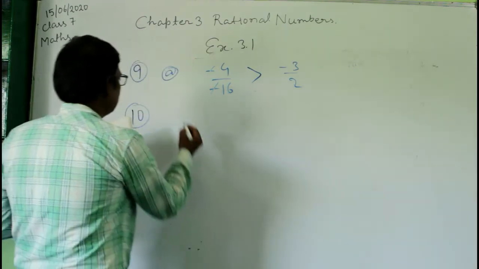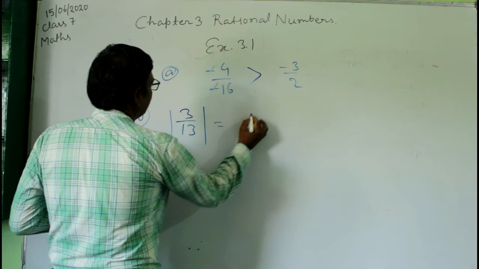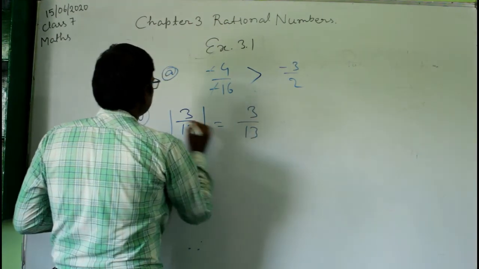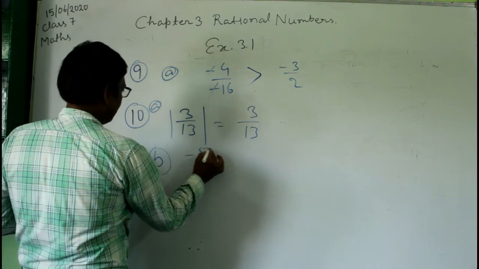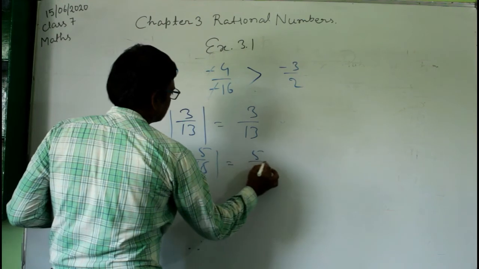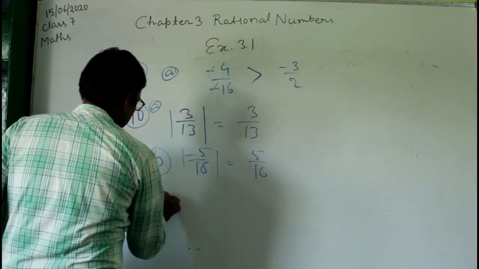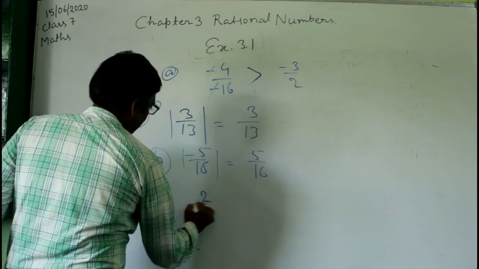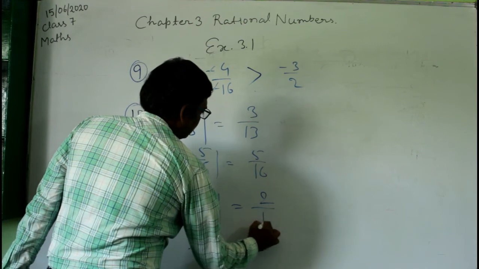The first question is 3 by 13. The absolute value of this will be equal to 3 by 13. Next is B, minus 5 by 16. Again the answer will be 5 by 16. Then question C is 2 by minus 11. Again its answer will be 2 by 11.